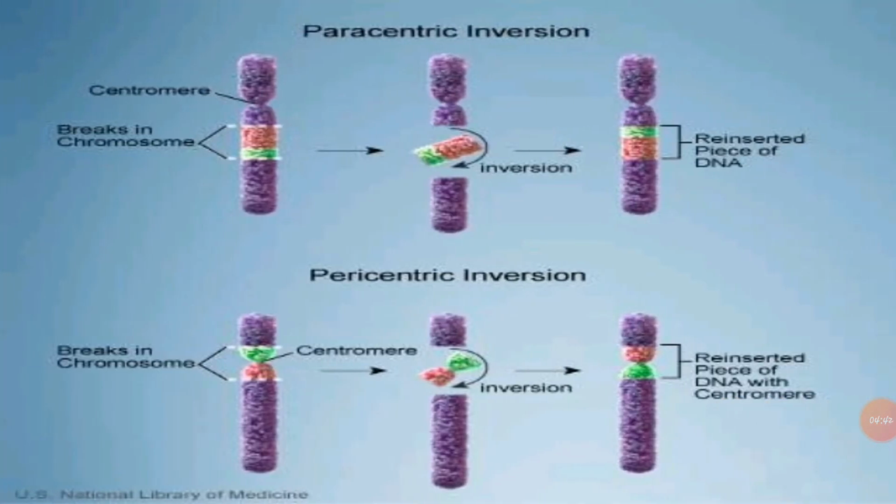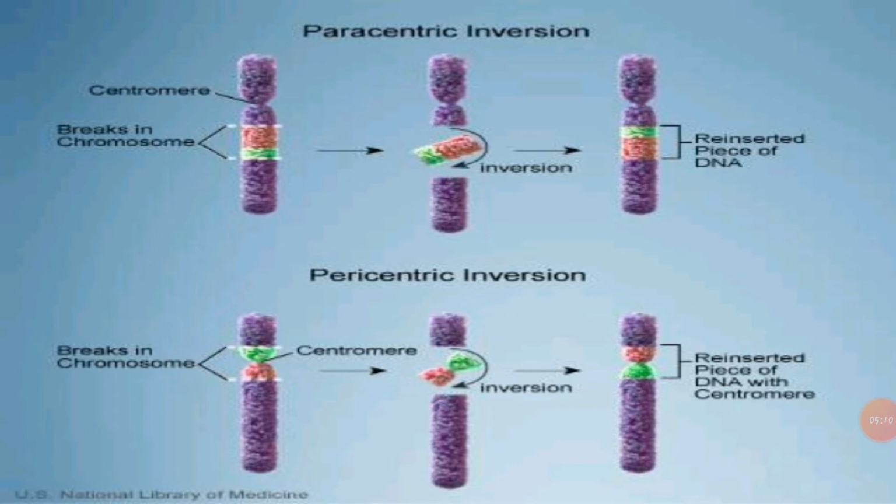You can see the diagram of both inversions. In paracentric inversion you can see here that breaks in the chromatids of the chromosome take place on one arm only, and this broken part gets reoriented and reinserted in reverse direction in this region.